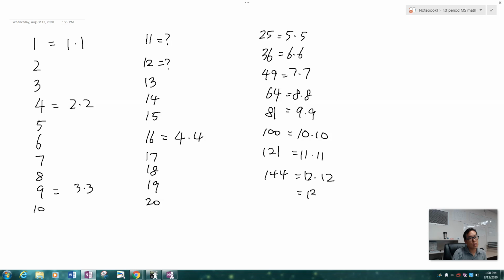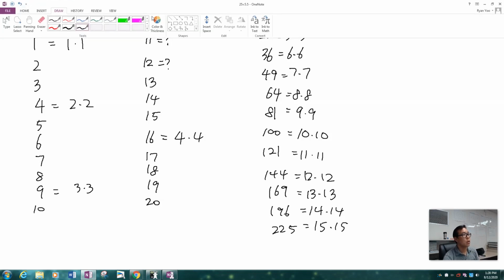And 13 times 13, therefore 169 is a perfect square. And 14 times 14, 196 is a perfect square. And 15 times 15, therefore 225 is a perfect square.